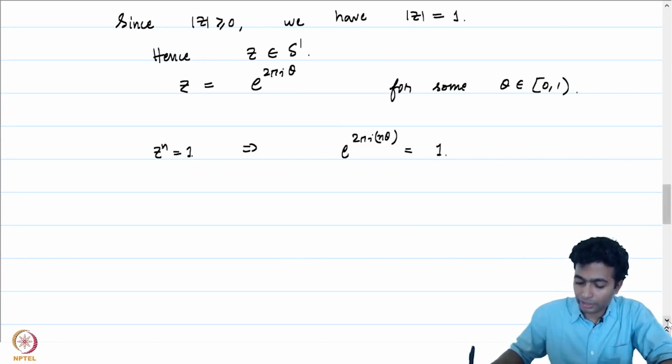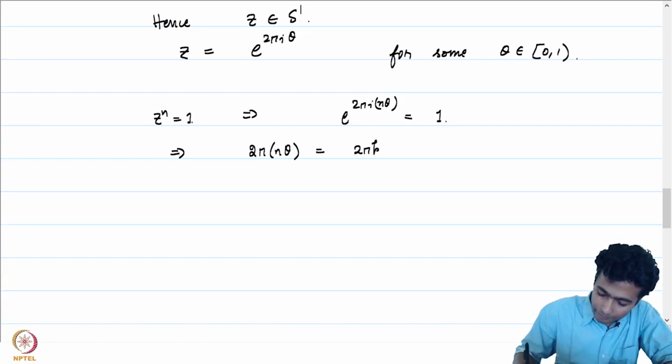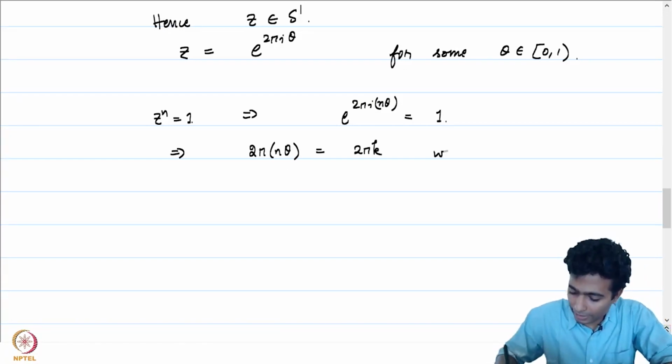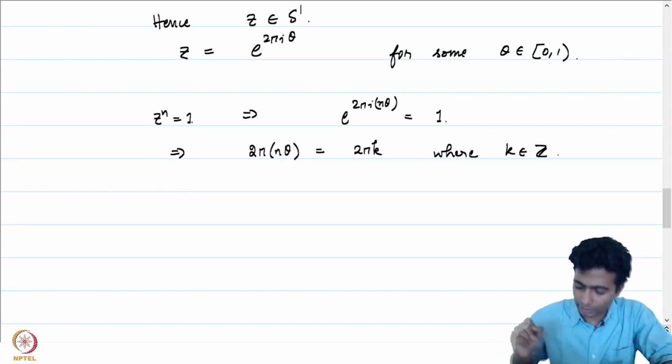Now from trigonometry, this tells us that 2 pi n theta is equal to 2 pi k, where k belongs to the integers.